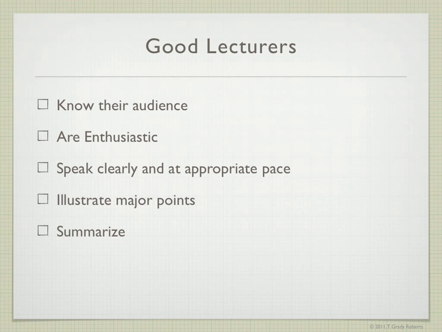Good lecturers speak clearly and at an appropriate pace. They're not too quick, they're not too slow, nice appropriate pace. They illustrate major points, and so they stop and emphasize and draw attention to major points, and then they summarize at the end. And so if you want to be a good lecturer, know your audience, be enthusiastic, speak clearly at an appropriate pace, illustrate major points, and summarize at the end.